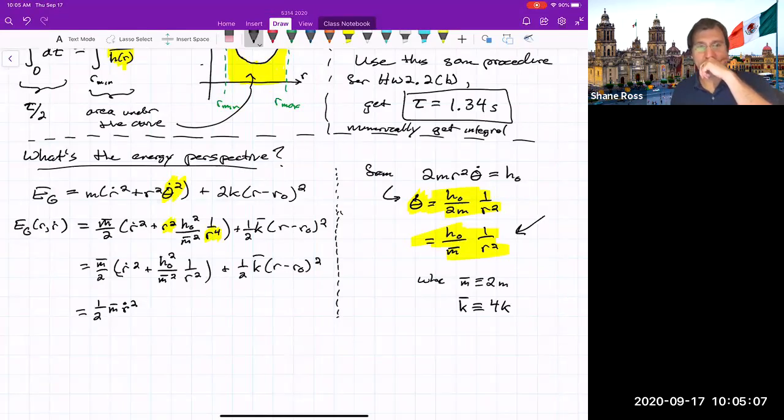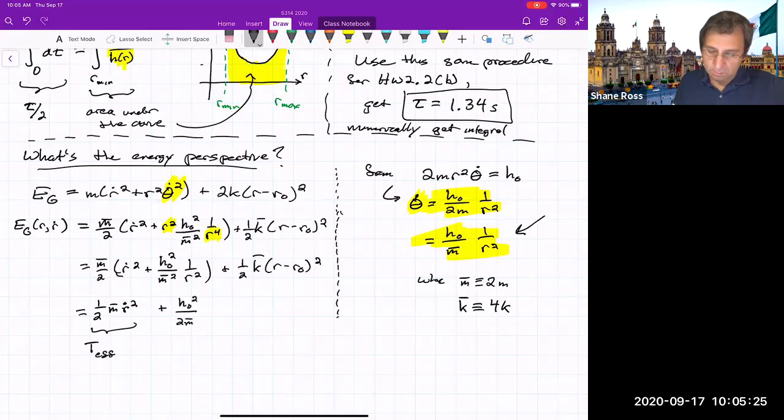We'll call this an effective kinetic energy, T effective, plus h naught squared over 2m bar, 1 over r squared, plus 1/2 k bar (r minus r naught) squared.